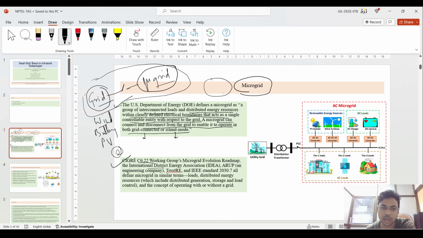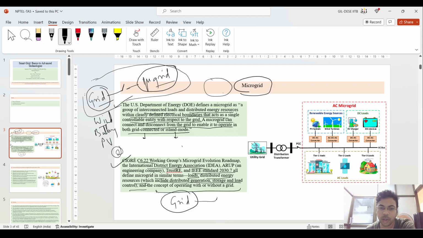And the second definition is from the CIGRE C6.22 Working Group Microgrid Evolution Roadmap, the International District Energy Association, that is IDEA, and a company, that is ARUP, an engineering company, and IEEE standard 2030.7. They all define microgrid in a similar fashion as the US Department of Energy, with similar terms, as it also has loads and distributed energy sources, which include distributed generation, storage, load, and control.